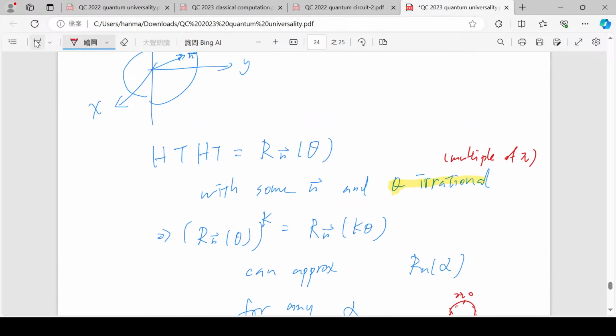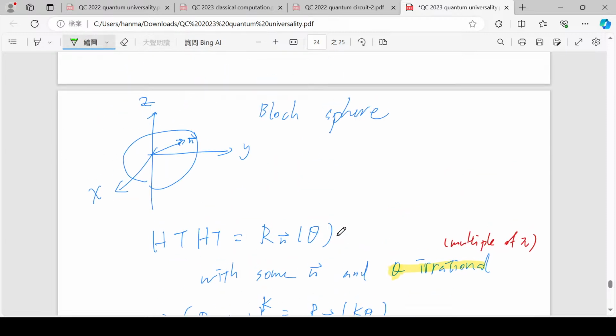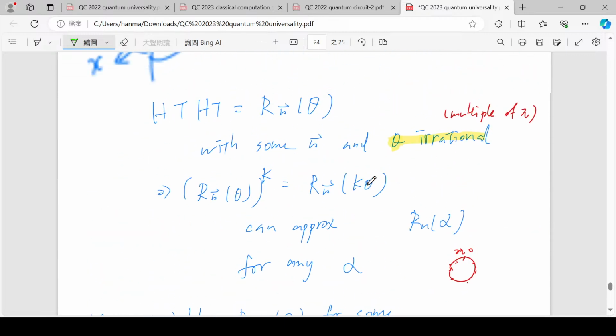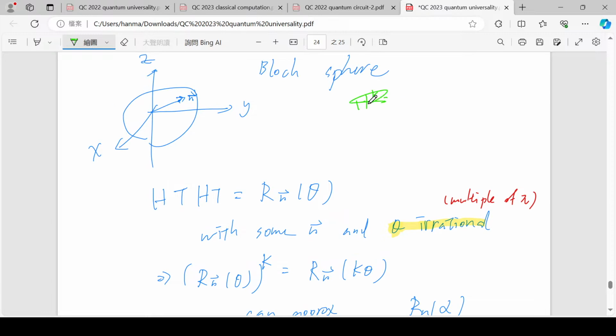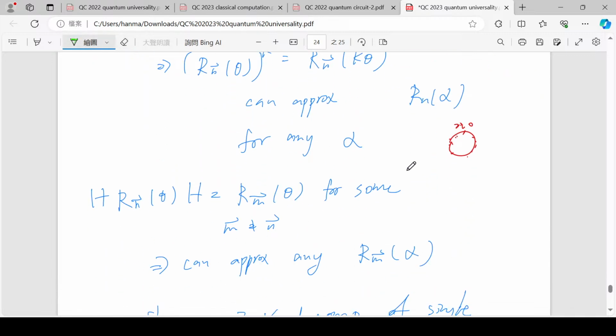We can ask, why don't we just do H to the k? We want to do this alternating because, think about H to the k. Here the important thing is that we can get an irrational theta.